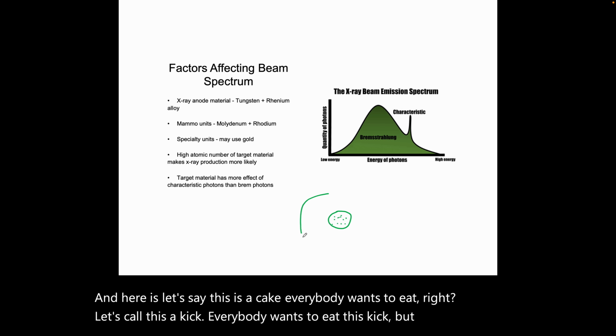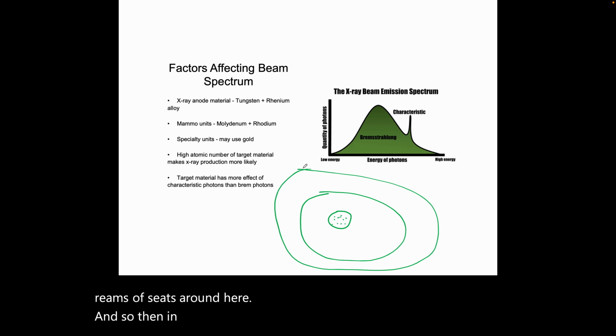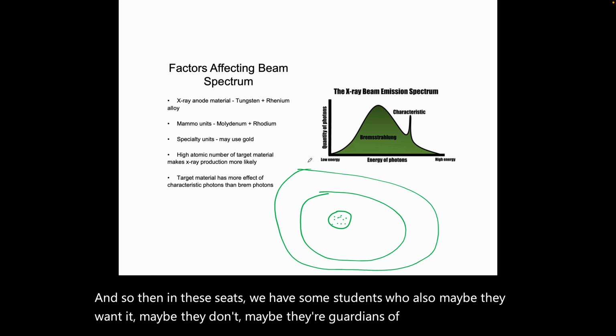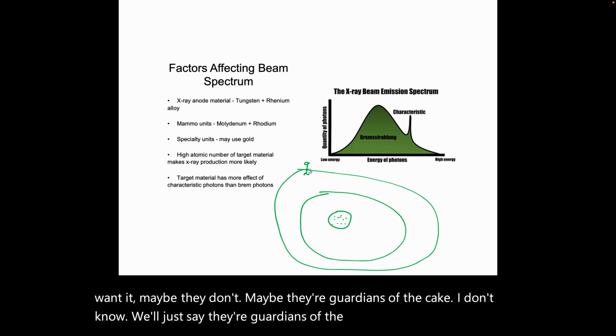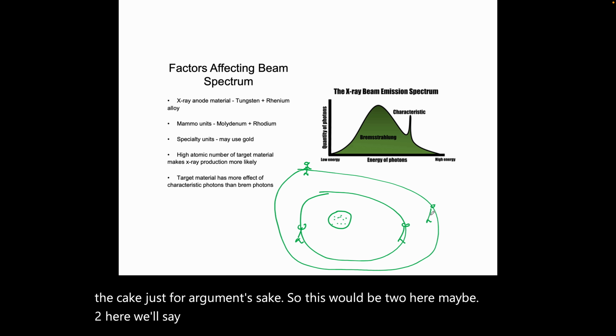But then there are rings of seats around here, and in these seats we have some students who maybe want it, maybe they don't. Maybe they're guardians of the cake. We'll just say they're guardians of the cake, trying to guard it for argument's sake. So maybe 2 here, maybe 2 here, we'll say 4 here.